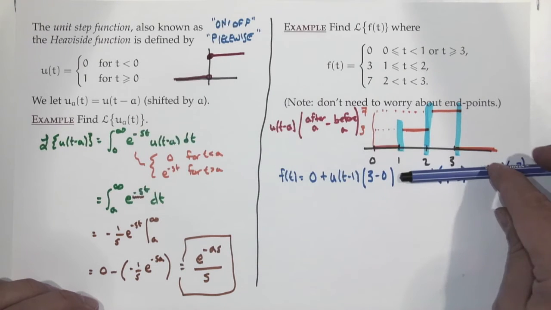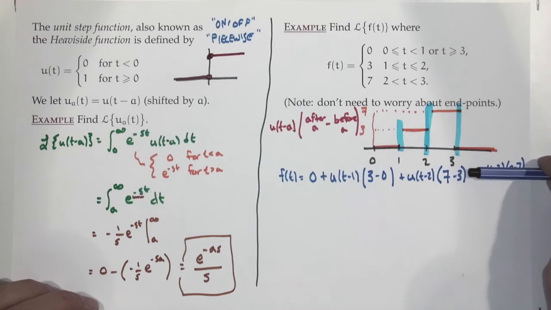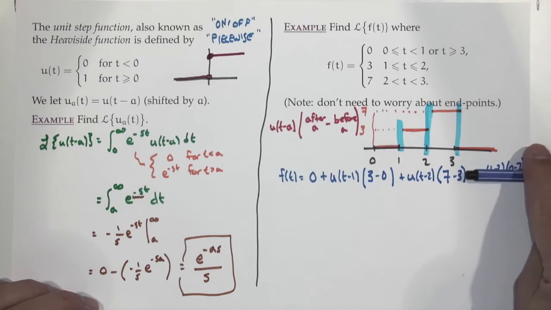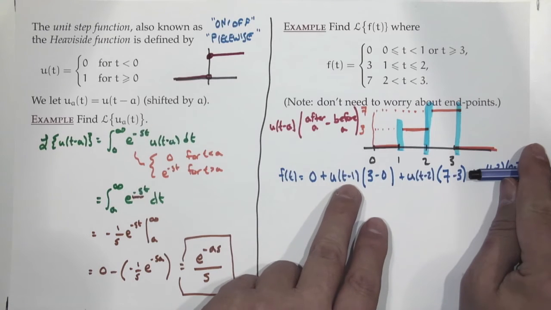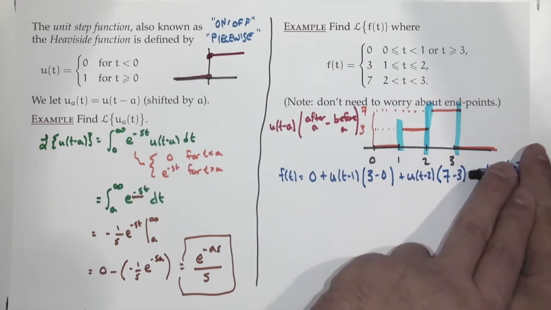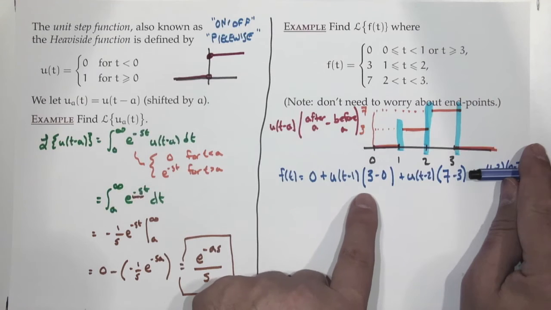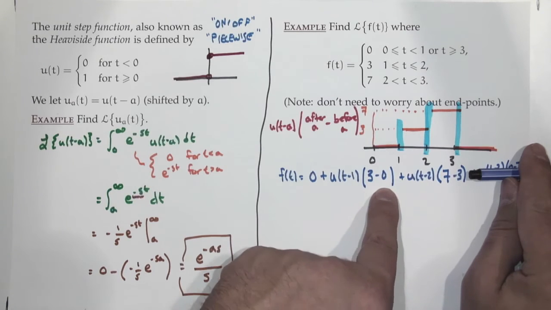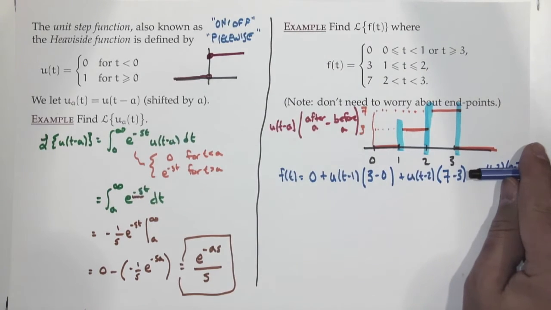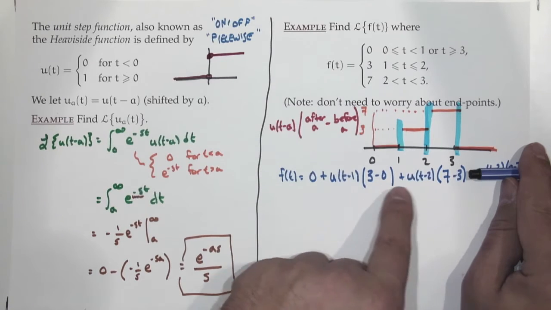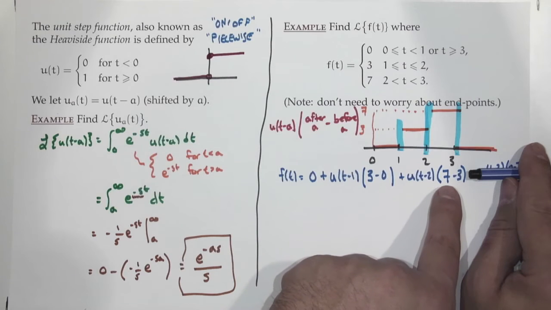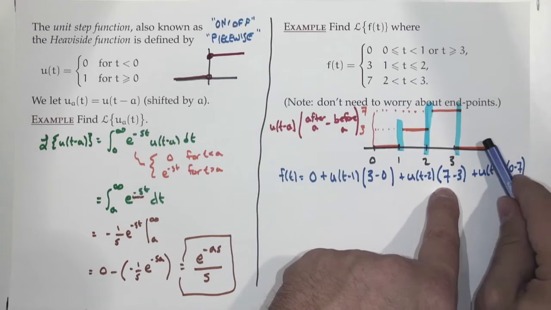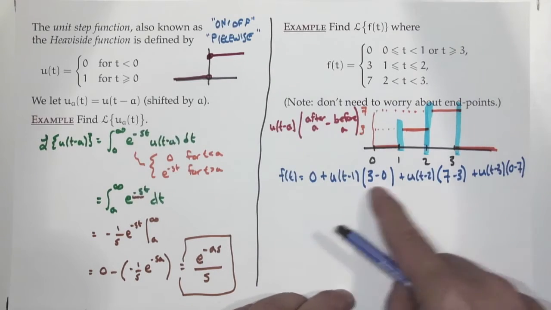Suppose we're at 2.5. Then we have one more switch that's turned on. That means this is on, that part is gone. The 0 minus 0, they cancel. That's not very impressive with 0. But the 3 and the minus 3 are canceling. And what are you left with? A 7.